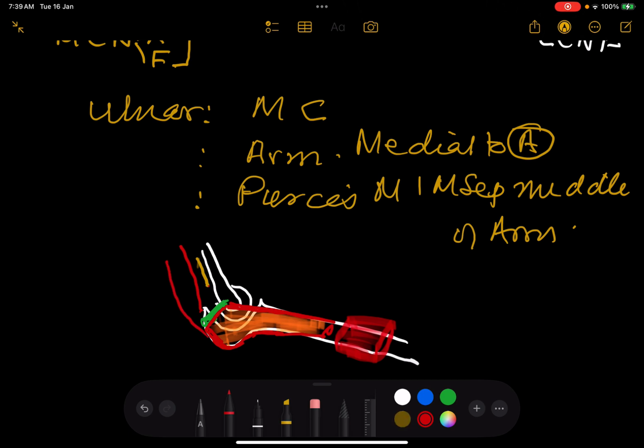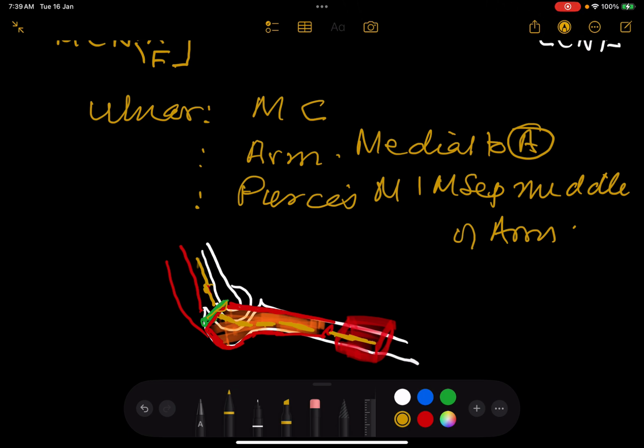So this nerve lying between the intermuscular septum and the triceps will pass under the posterior part of ulnar collateral ligament. Very, very important. Come to lie under the flexor carpi ulnaris and superficial to the flexor digitorum profundus.